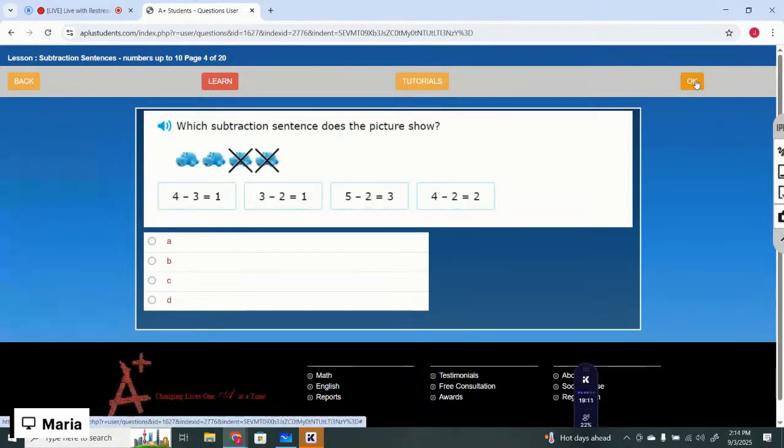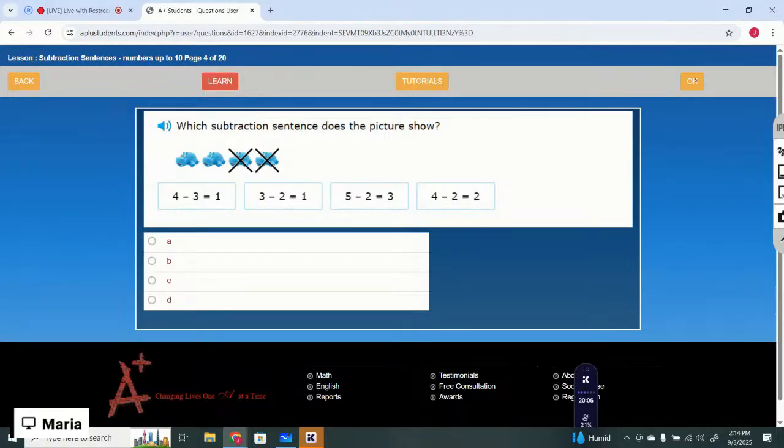Which subtraction sentence does the picture show? So we have four of the cars.